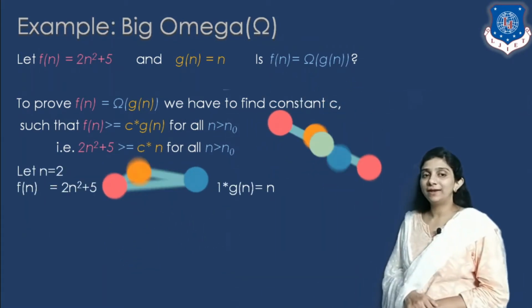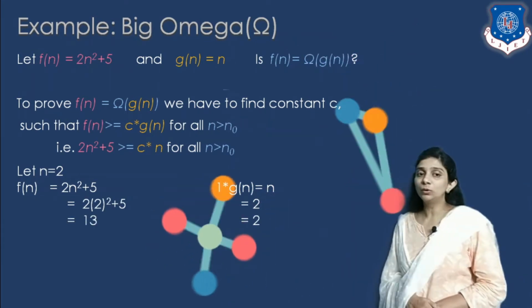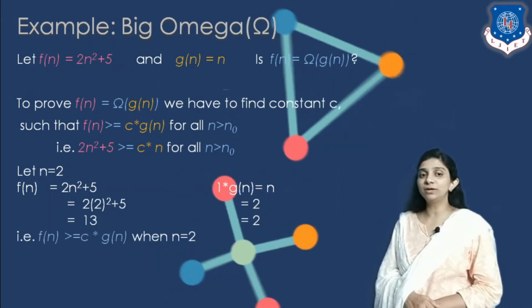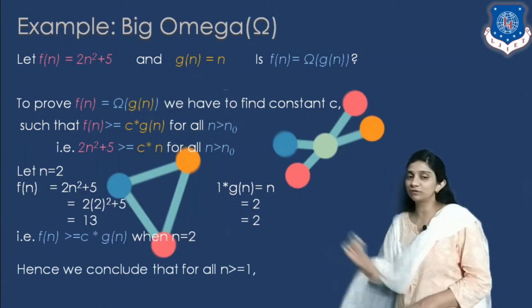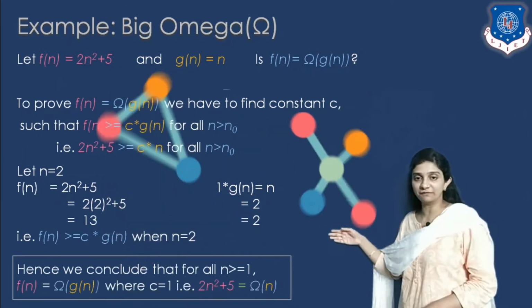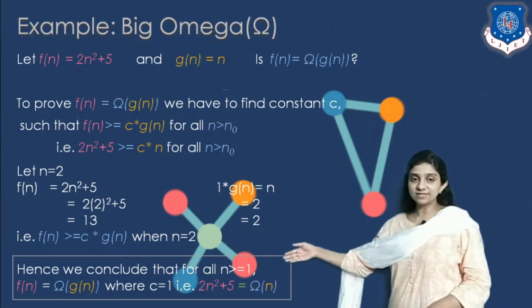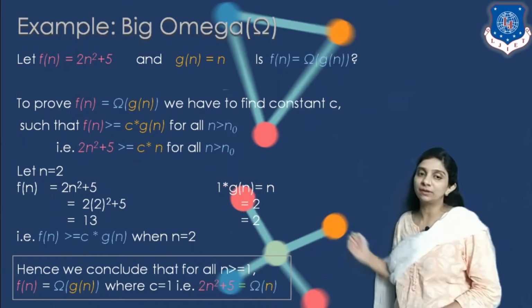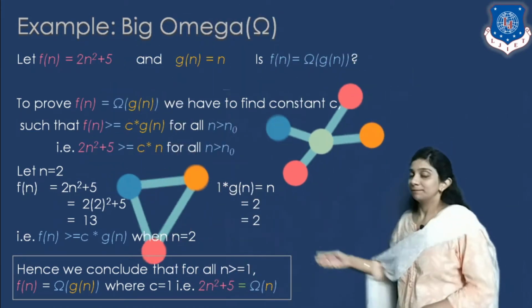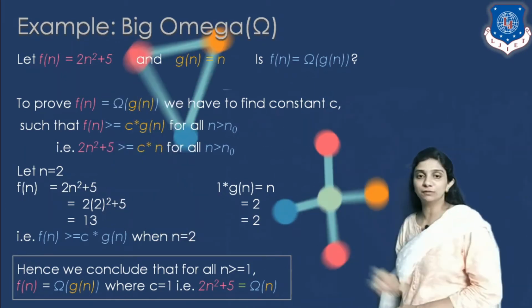Now, when n is equal to 2, what will happen? f of n is equal to 2n square plus 5, that is 2 into 2 square plus 5, which is equal to 13. While c into g of n, that is 1 into g of n, is equal to n, which is equal to 2. Now 13 is still greater than or equal to 2. So we say my f of n is still greater than c g of n when n is equal to 2.